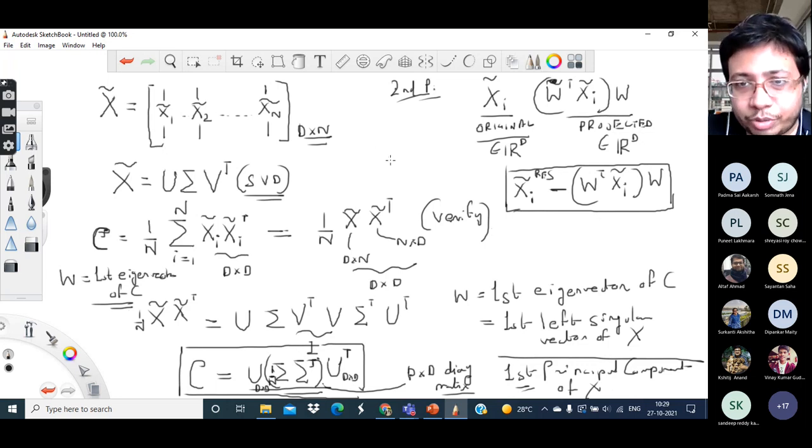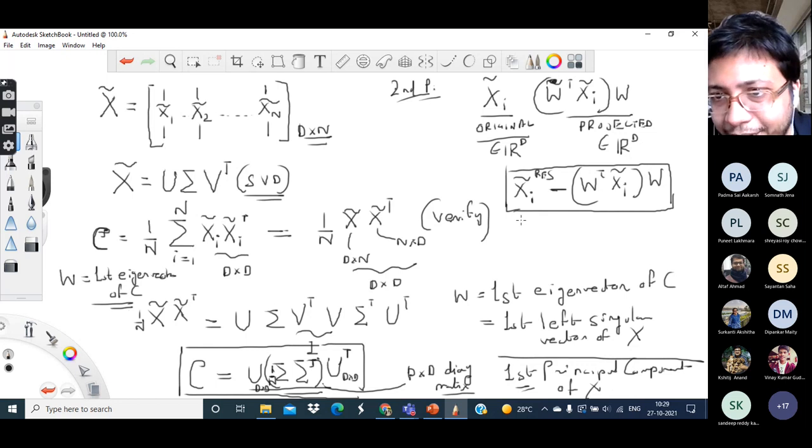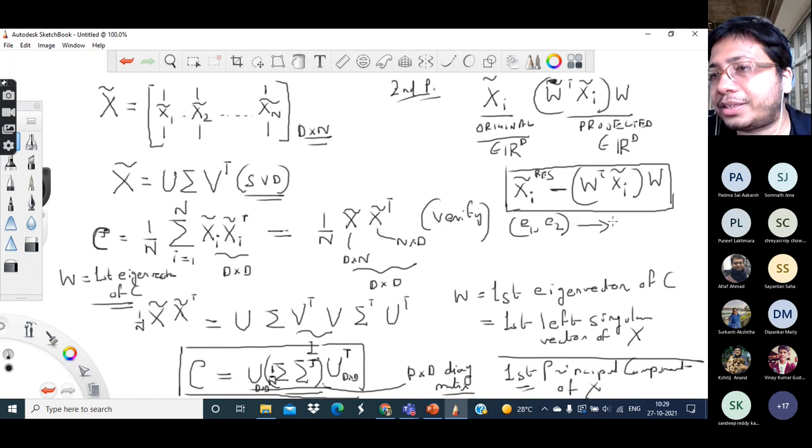If you remember, our original space was spanned by e1 and e2. From there I did a change of basis and my new space is defined like this.